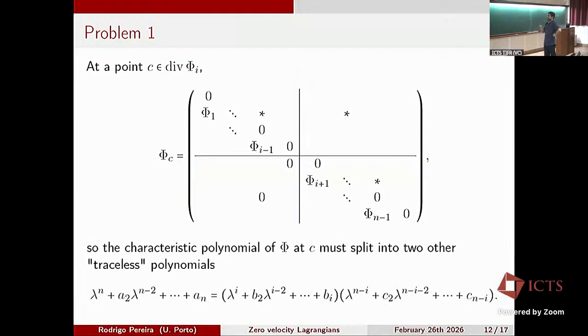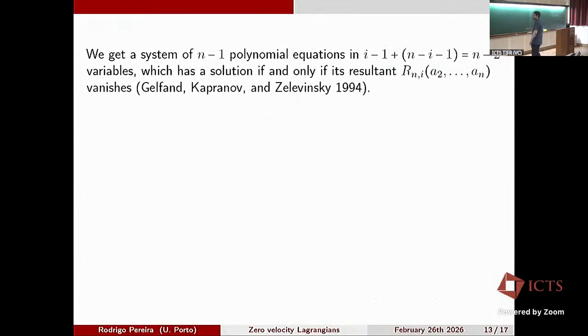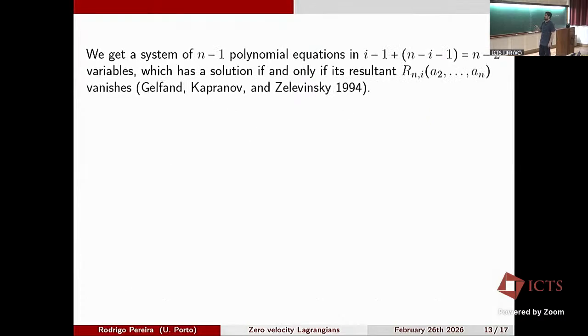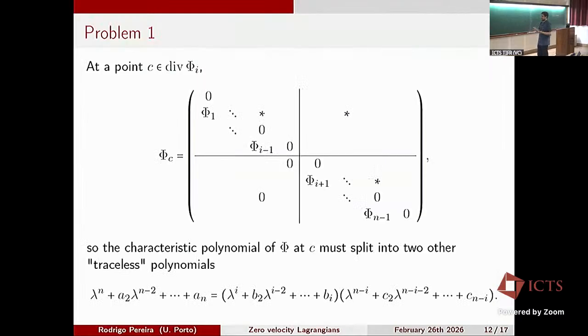So at this point, the characteristic polynomial, which has trace zero, with no n-1 term, must decompose into two other smaller degree polynomials with the same property, so with no i-1 and with no n-i-1 parts. Well, this is not always possible. So this gives rise to a certain system of polynomial equations if you equate the equal degree parts. And this system is only solvable if a certain polynomial in your A's is zero.